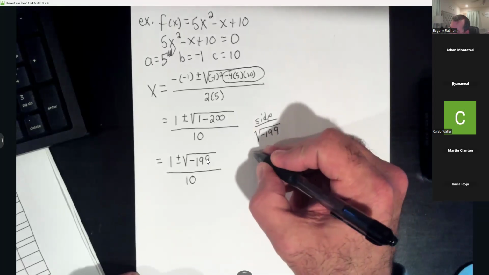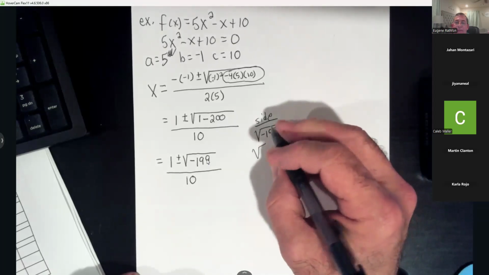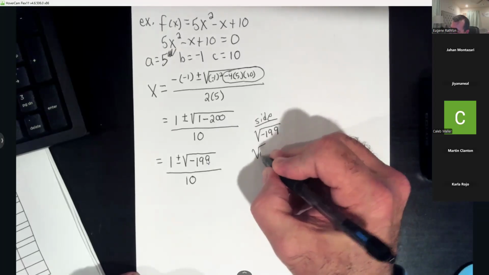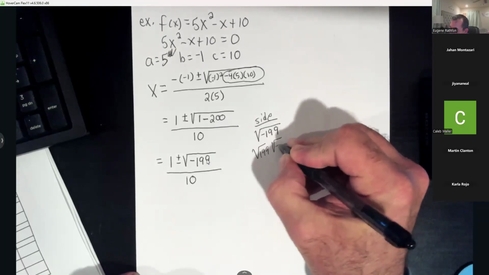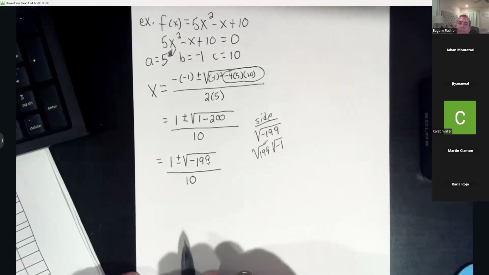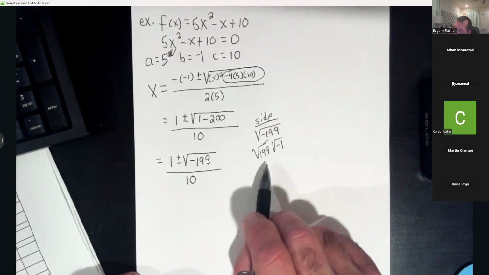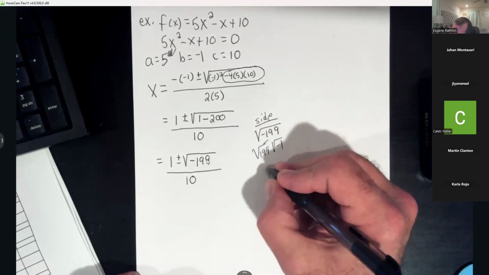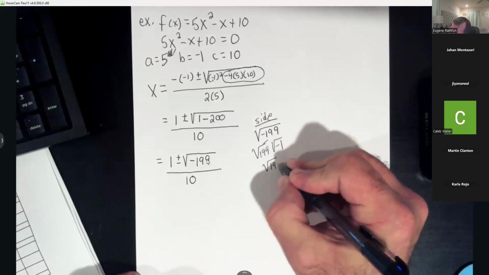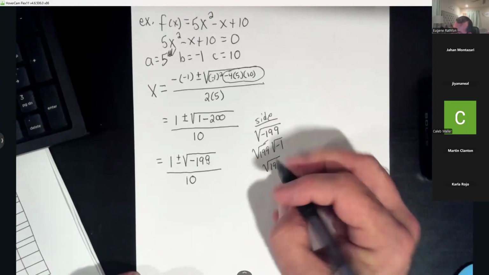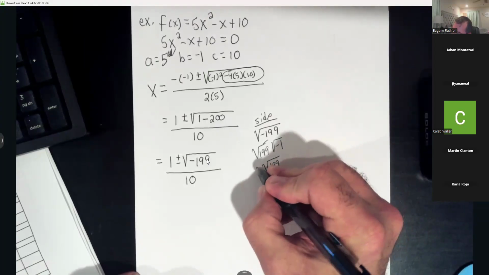So you at least have to bring out that -1. If it's negative, you got to bring that negative out so that this will give you a square root of 199. And y'all, I usually put my I in the front.